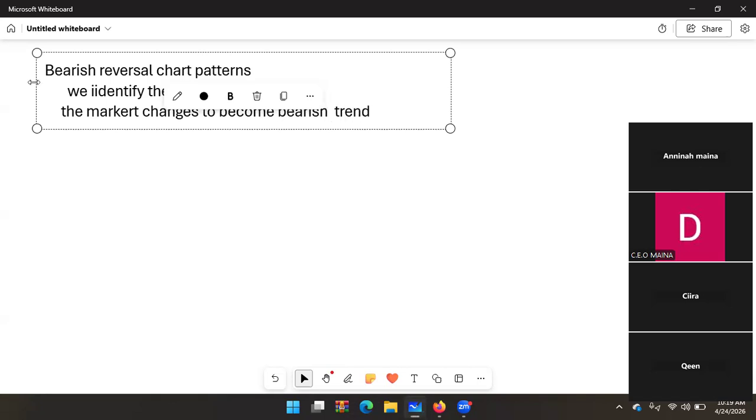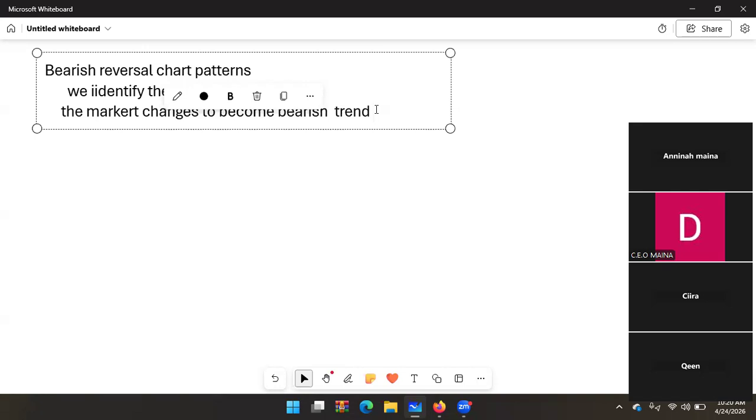Because it was on a bullish trend, and we identify them on a bullish market. But once after identification of these reversal chart patterns, the trend changes to become bearish. We name them according to the trend that they are about to take, not the trend that they are currently on.